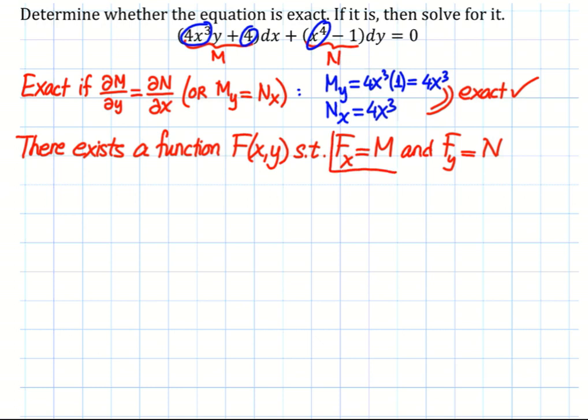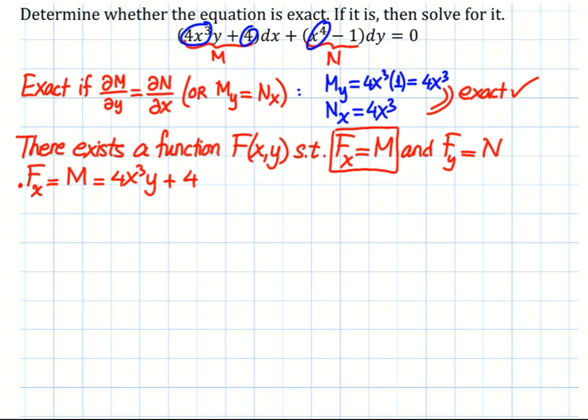First, we will consider f_x equal to M. So we start with f sub x equal to M, and M is equal to 4x cubed y plus 4. So I will write that out: 4x cubed y plus 4.